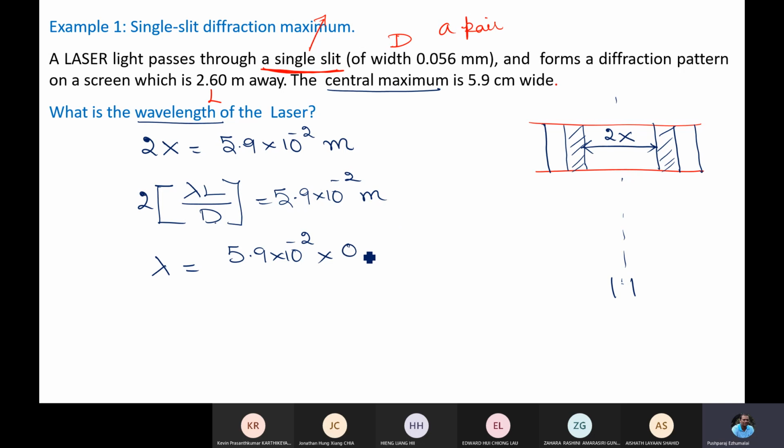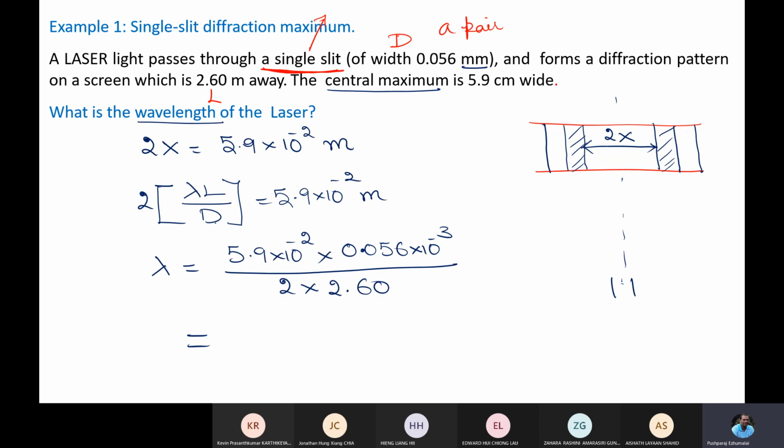What is D? 0.056 into 10 power minus 3, millimeter means 10 power minus 3, divided by 2 times L, that is 2.60. When I do that in the calculator, I get 5.9 into 10 power minus 2 into 0.056 into 10 power minus 3 divided by 2 into 2.60.